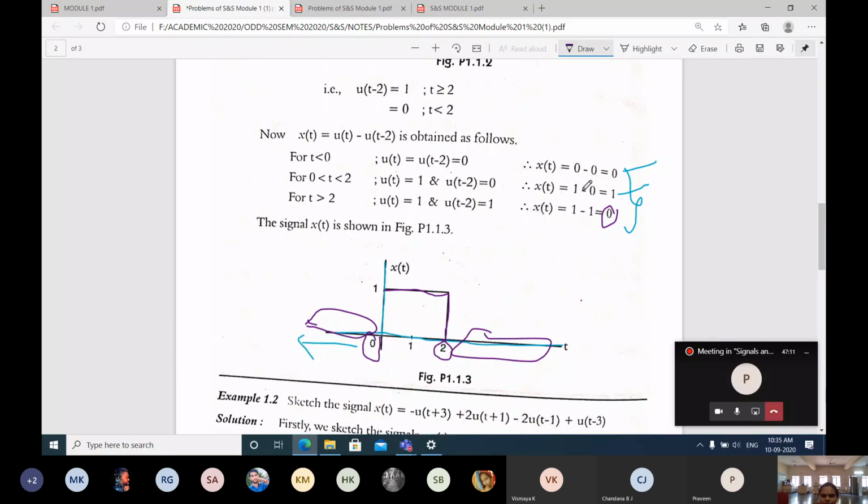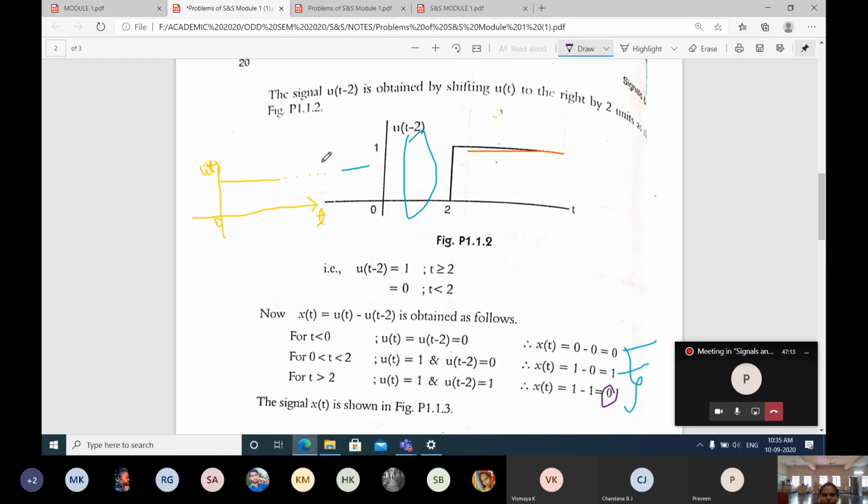This is by using the equation, or else I can do it just by seeing the figure also. How? These are the 2 signals I got. Next what will I do? Just draw both the signals. At the negative part we don't have any signal, 0 minus 0 is again 0 only. So you will not get any signal here.